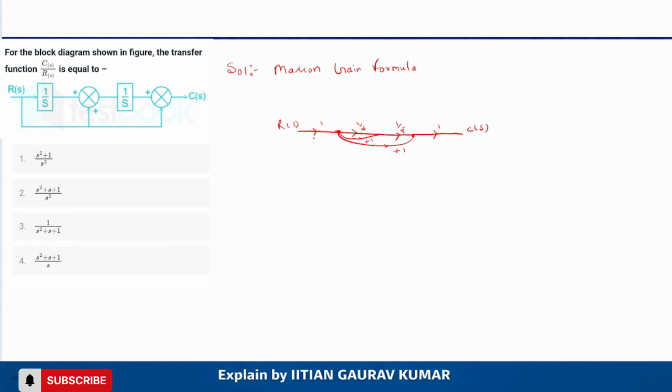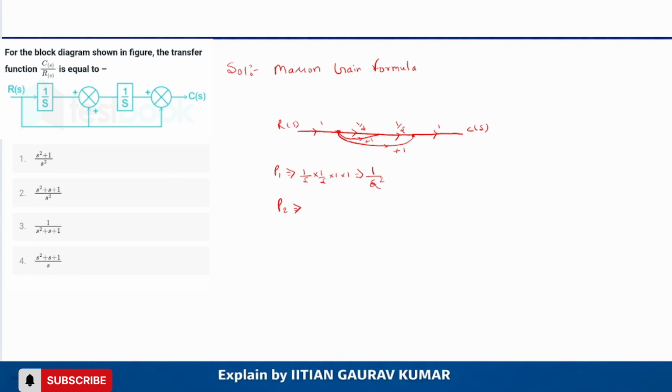One single path is there, another path is this, and another path is this, so there are three paths. P1 equals 1 by s into 1 by s into 1 into 1. I am taking this path, so 1 by s squared comes.